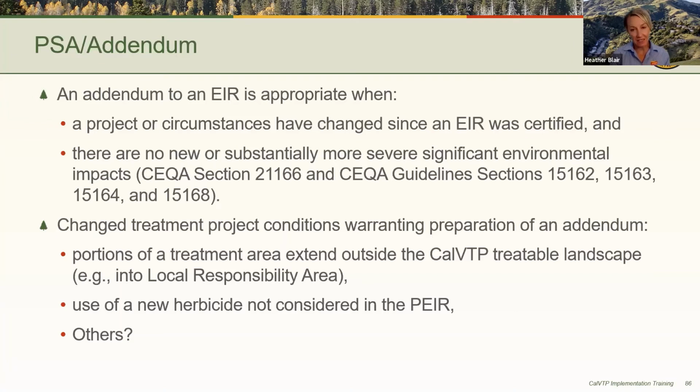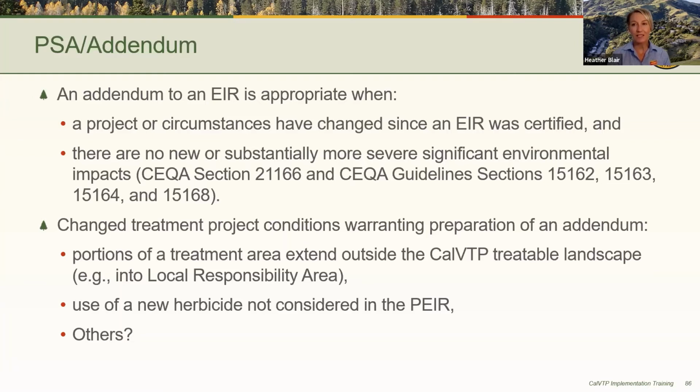The use of an addendum to the CalVTP program EIR can address this circumstance if the landscape conditions and environmental conditions are substantially similar both within and outside of the treatable landscape. So pursuant to CEQA, an addendum to an EIR is appropriate when a project or a circumstance have changed since the EIR was certified and there are no new or substantially more severe significant environmental impacts than were analyzed in that EIR.